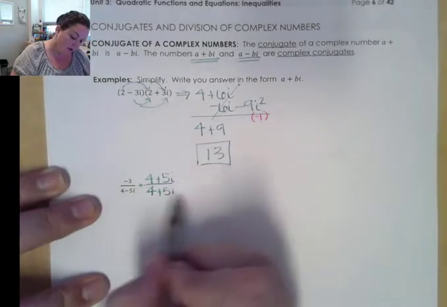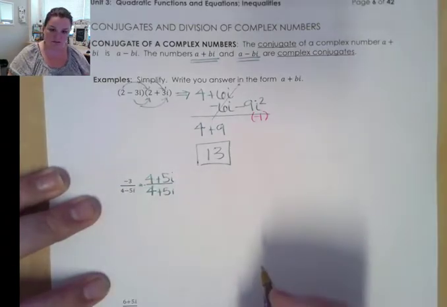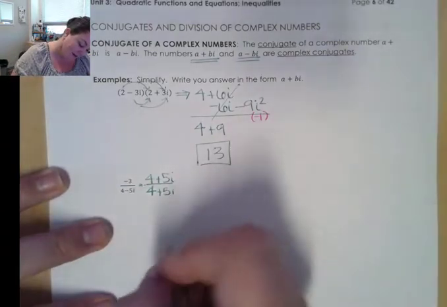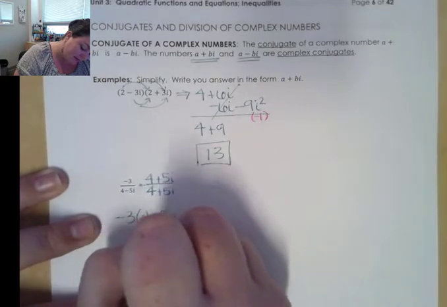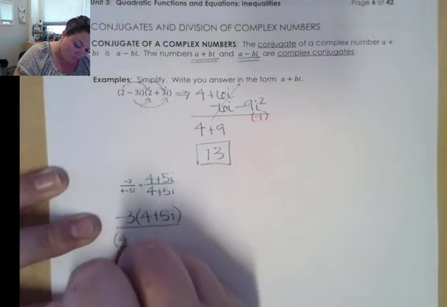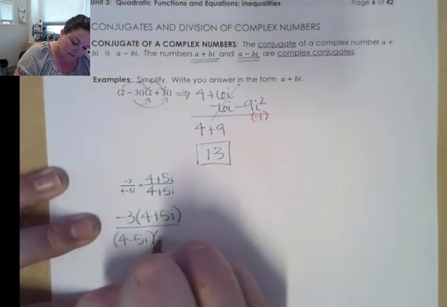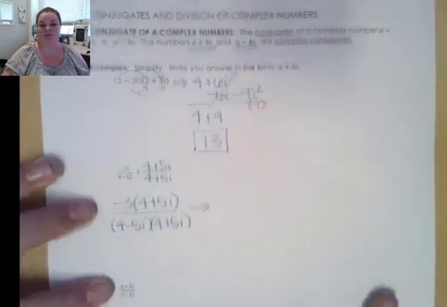Okay, so I'm going to go ahead and just write this out so I can see it better. All right, so we have -3 times 4 plus 5i on top, and on bottom we have 4 minus 5i times 4 plus 5i.